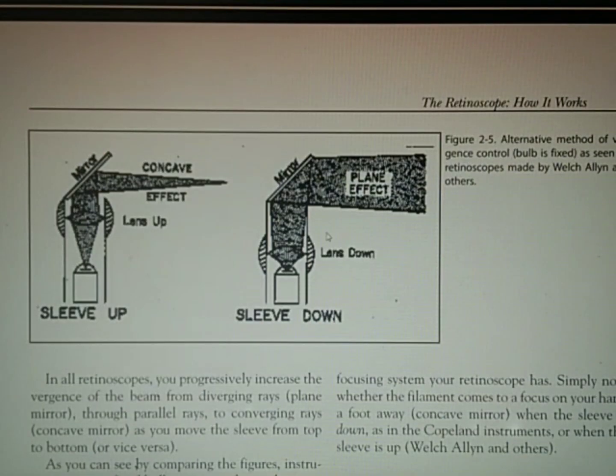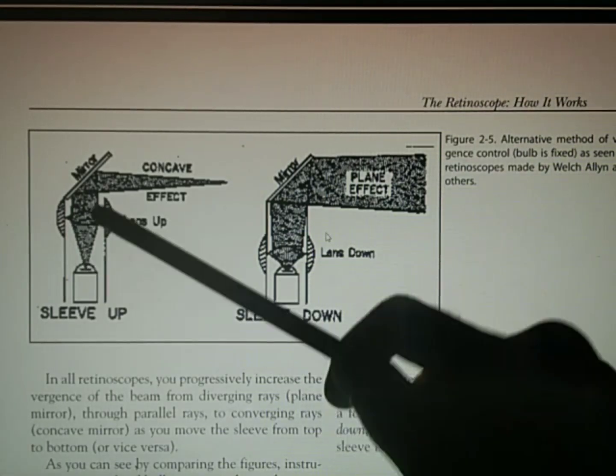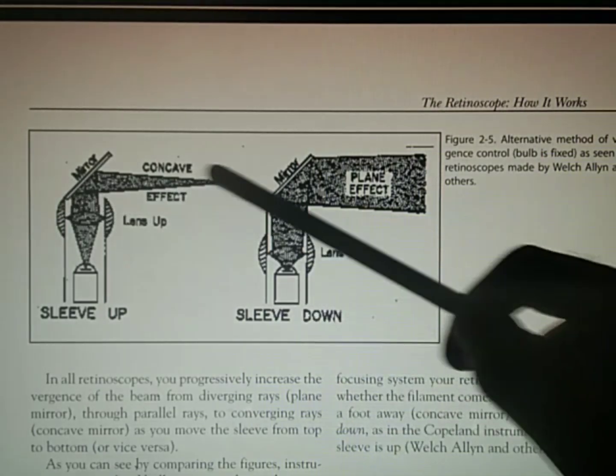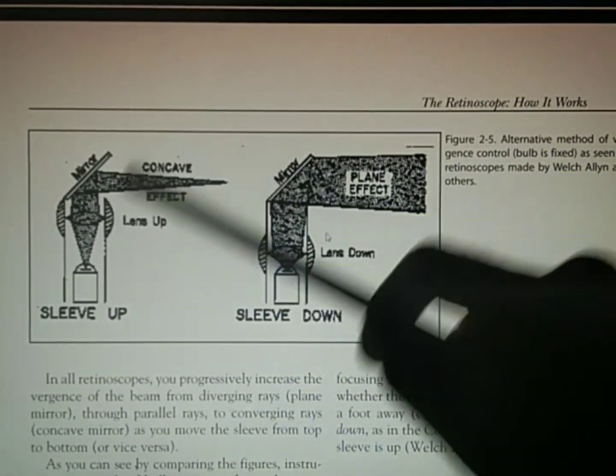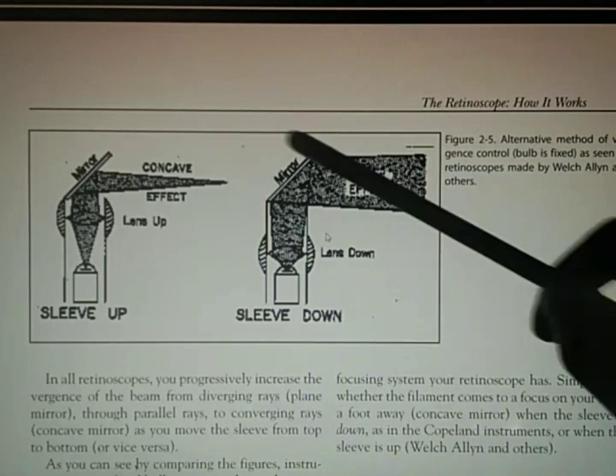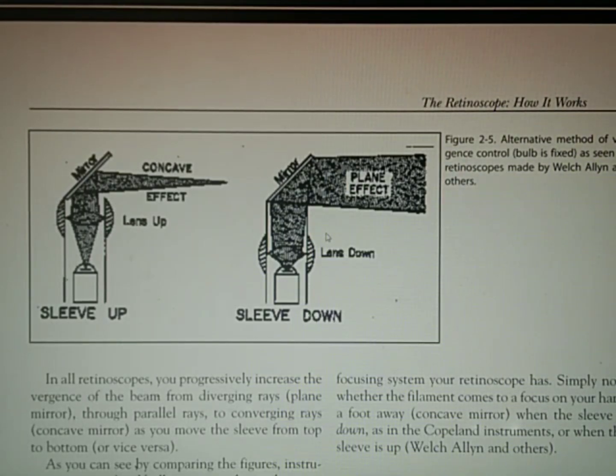Now this is opposite for the condensing lens. If the condensing lens is up, the light rays will bend and they will converge, causing a concave effect, and if the lens is down, it will diverge and form a plano effect.